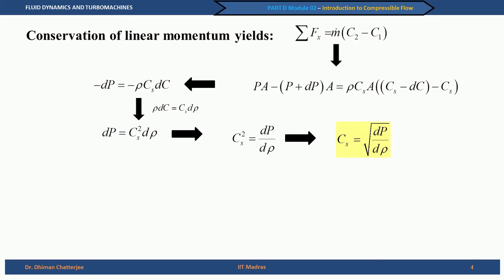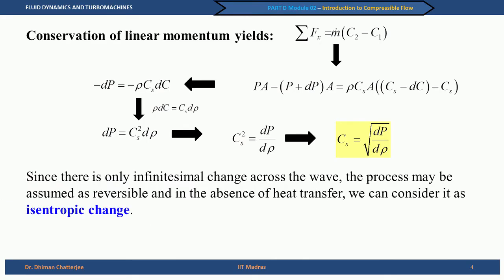Now, we cannot evaluate this expression d P by d rho unless we know what the thermodynamic process is. To get an idea of this thermodynamic process, let us try to recollect the assumptions we have made. We say that there is only an infinitesimal change across the wave, which is caused by an infinitesimal velocity change of the piston d c, and the process may be assumed reversible.